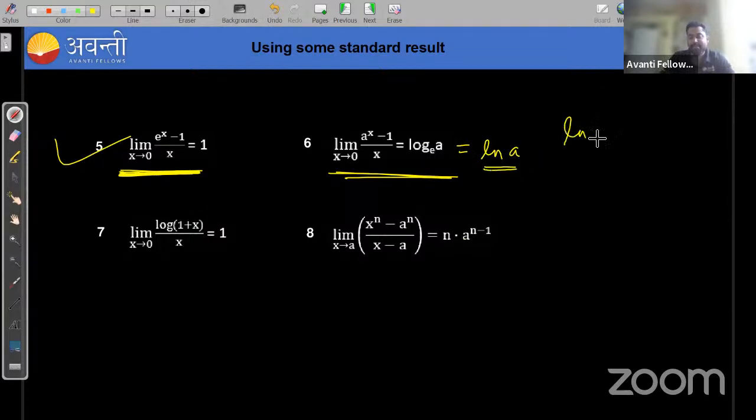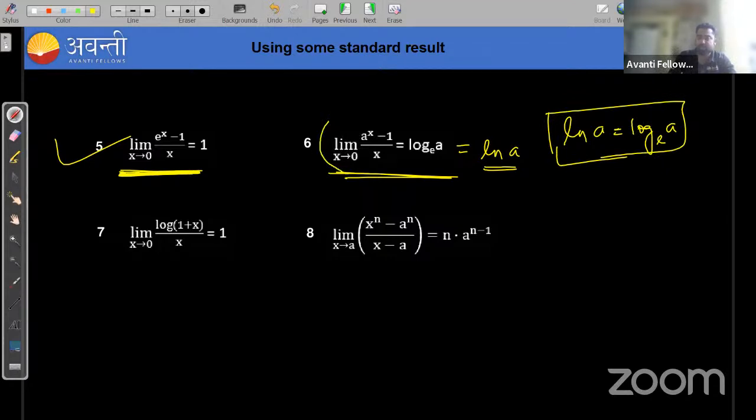So ln a is log of a to the base e, my natural logarithm. Remember, when limit x extending to 0, a to the power x minus 1 upon x you are having, then you must substitute directly ln a.